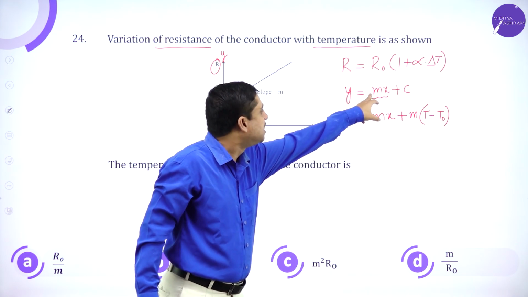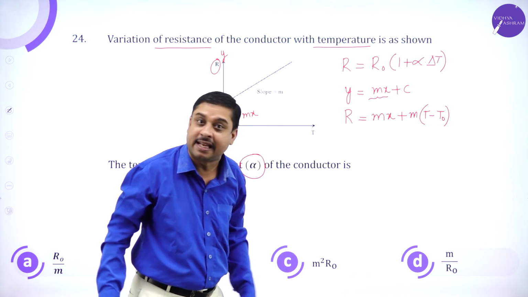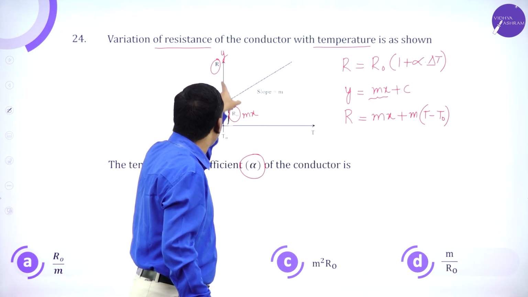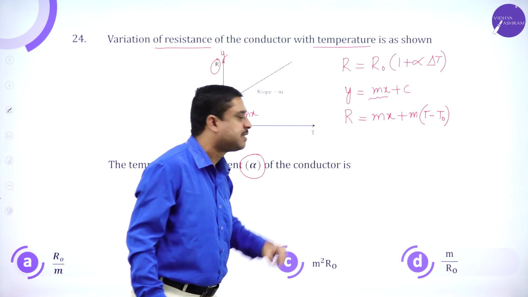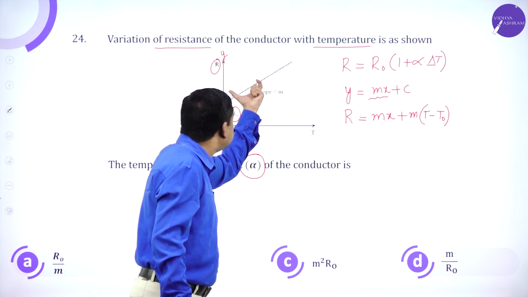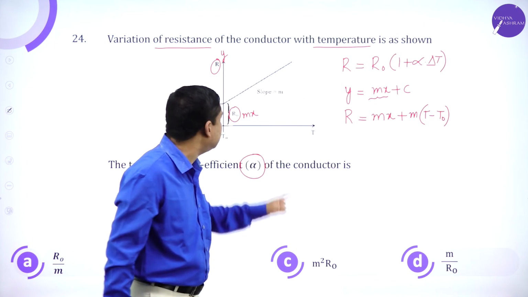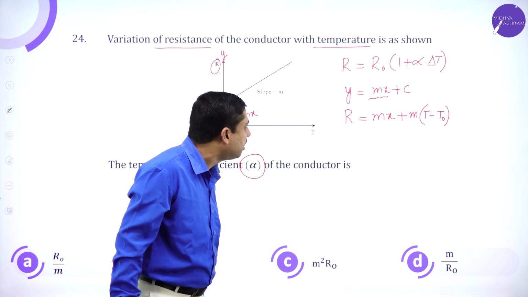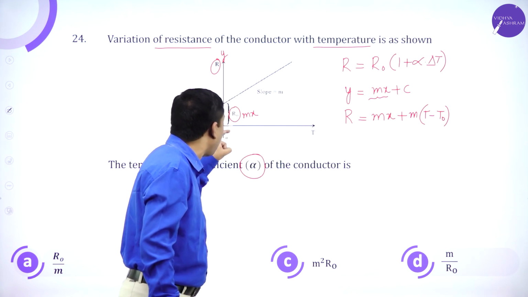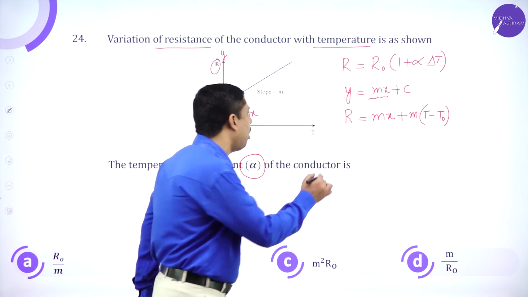Y equals mx plus c ಅಂತ ನಮ್ಮೆಲ್ಲರಿಗೂ ಗೊತ್ತು. Y axis ಅಲ್ಲಿ ಏನ್ ಪ್ಲಾಟ್ ಮಾಡಿದ್ದಾರೆ? ರೆಸಿಸ್ಟೆನ್ಸ್. The intercept of this straight line ಅಂತ ಕರೆದ್ವಿ R naught. Slope is nothing but m, times the difference of T and T naught.